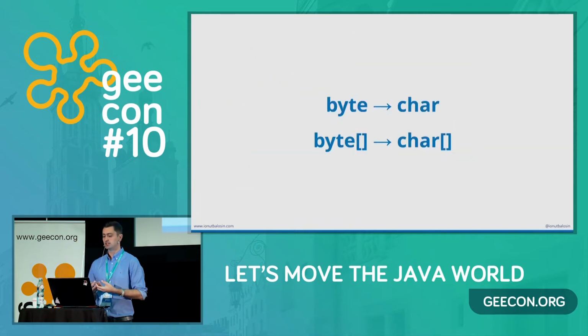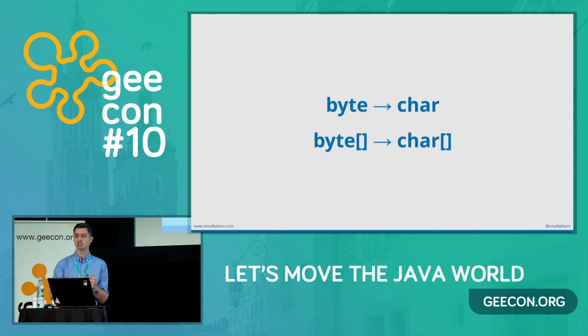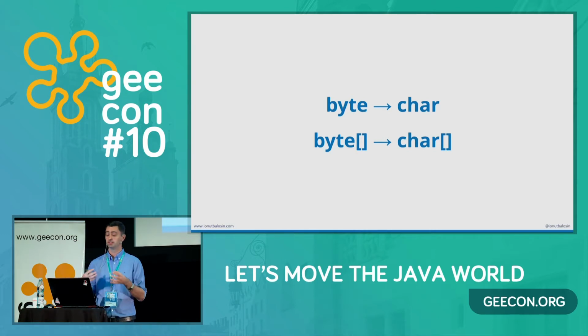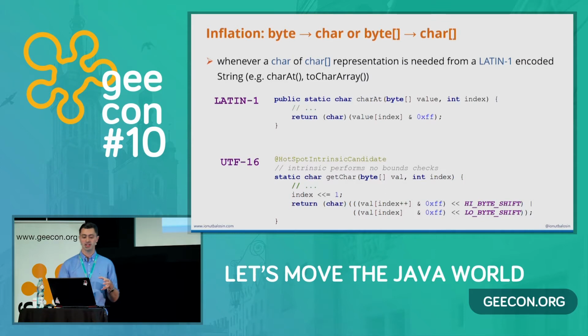Another challenge with this is when you compress, because you have a byte array, and you want to get the char representation out of it, or the char array representation out of it. Why? Because the string API contains a few methods, for example charAt or toCharArray, which return the char. However, under the hood, the string is backed by bytes, right?